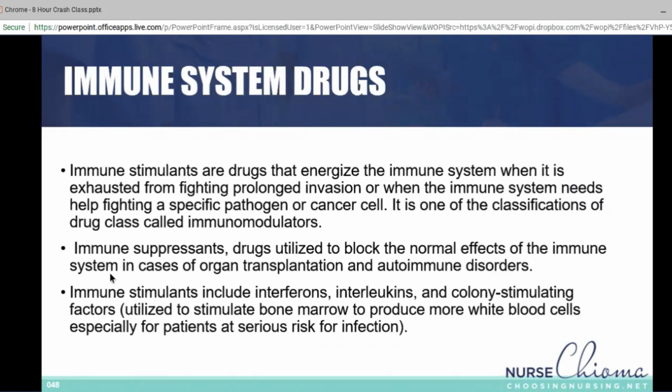Some of them have very specific ending names, like another one, mustine. That's not the full name, but that's how the name usually ends.